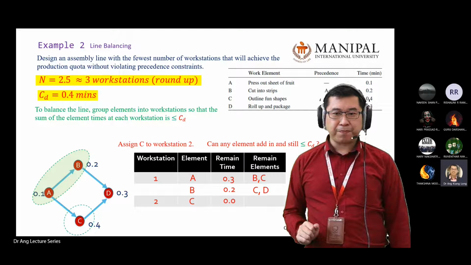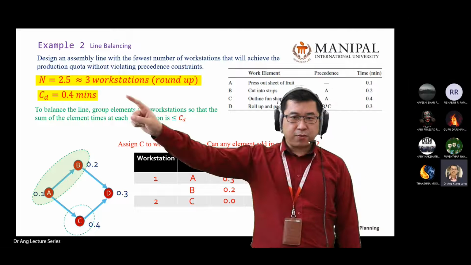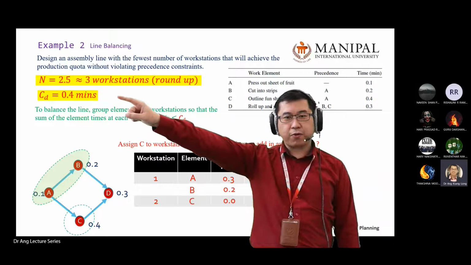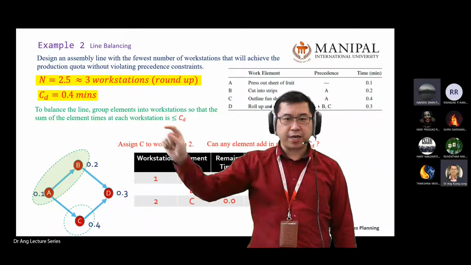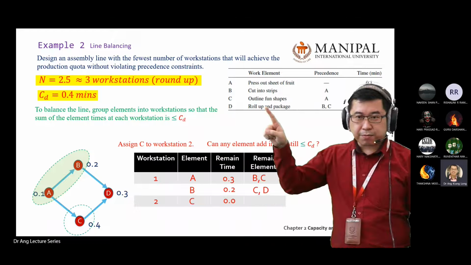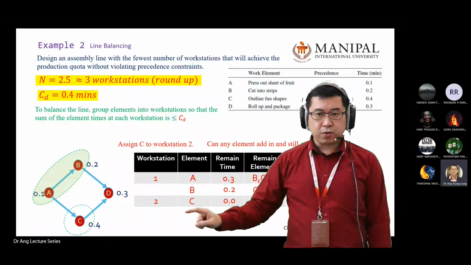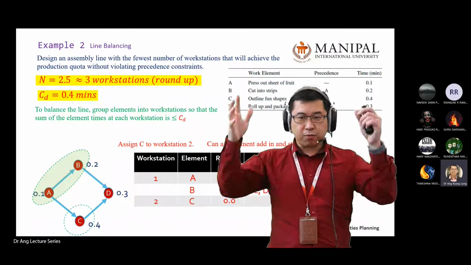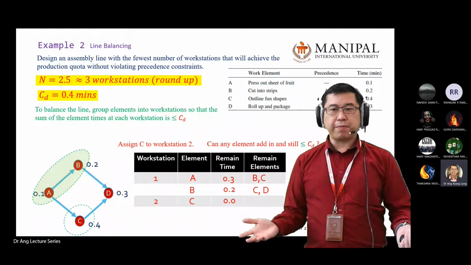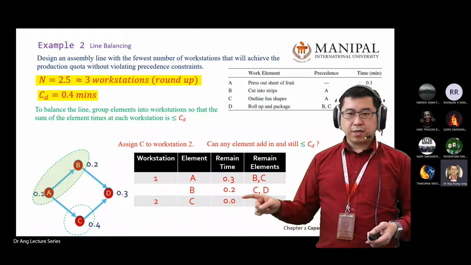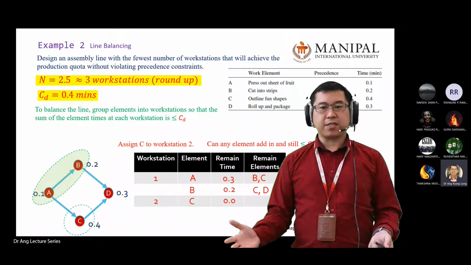It's 0. One workstation maximum you can spend is 0.4 minutes. The time for process C is 0.4 minute, so when you put process C in workstation number 2, there's no more remaining time. So it works as one workstation itself.